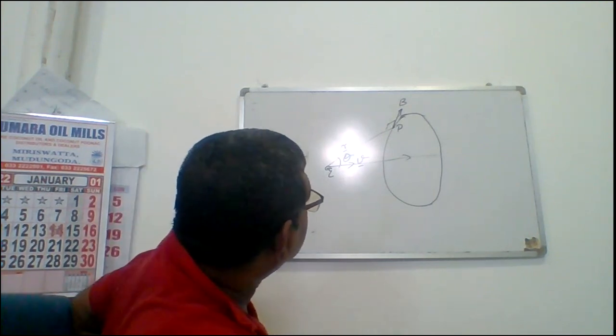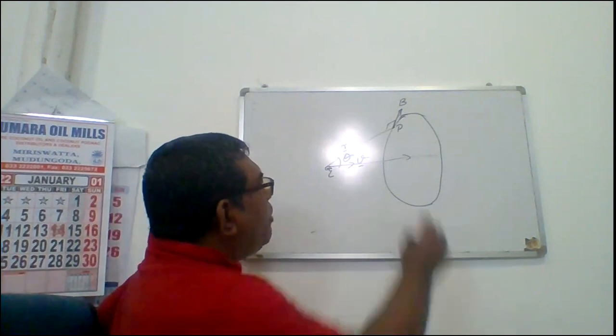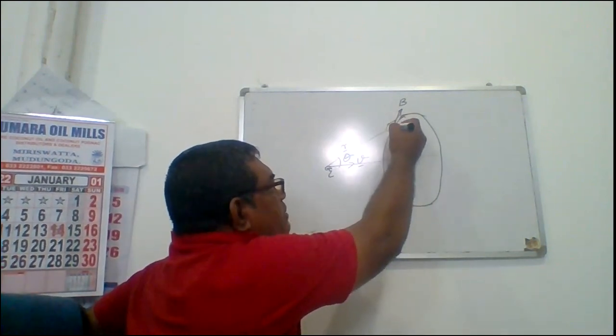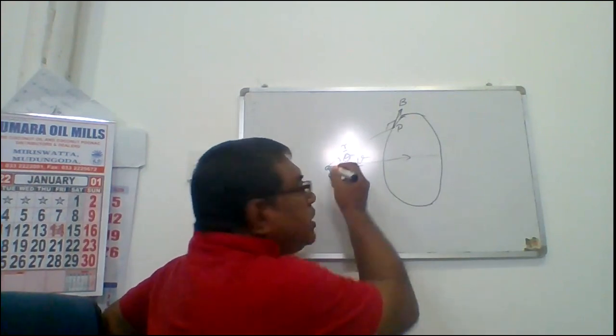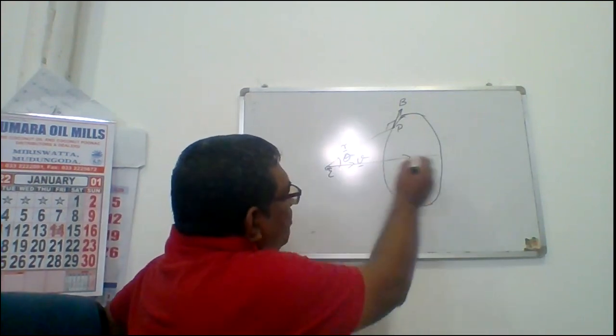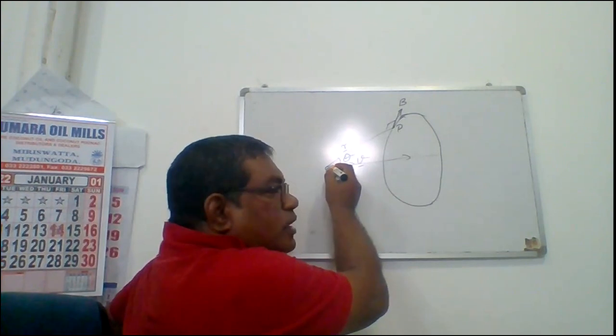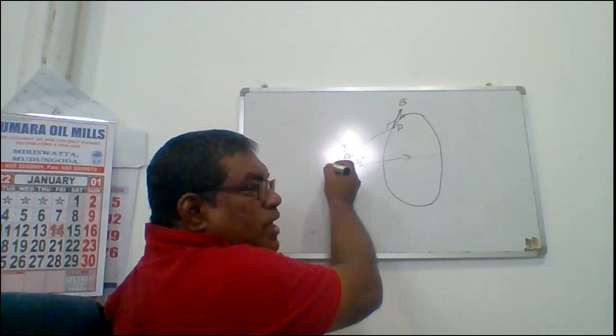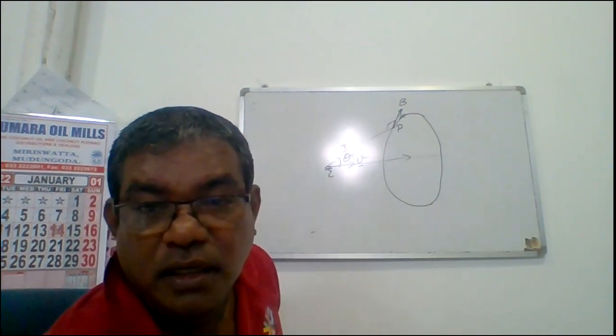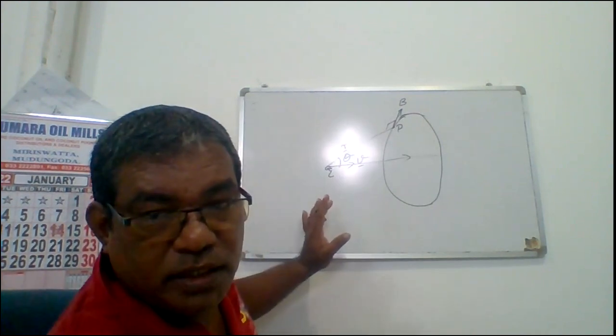In this case, we want to find the magnetic field at this point P. So we have to draw a line between P and the charge, from the point where it started moving. Still it is moving.